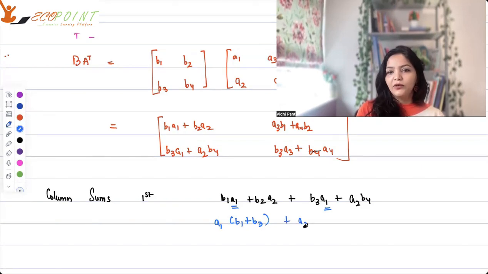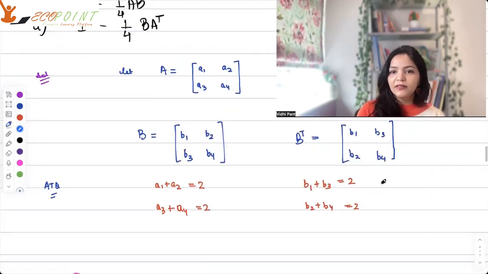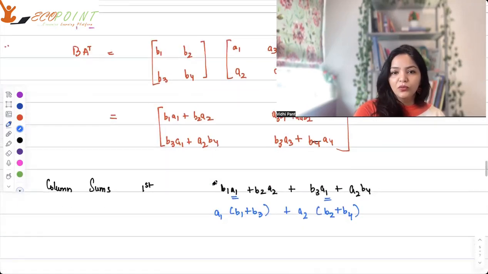And with A2, you have B2 plus B4. Now, what do I know about B1 plus B3? I know that B1 plus B3 is 2. I know that B2 plus B4 is 2. And I know that A1 plus A2 is 2.